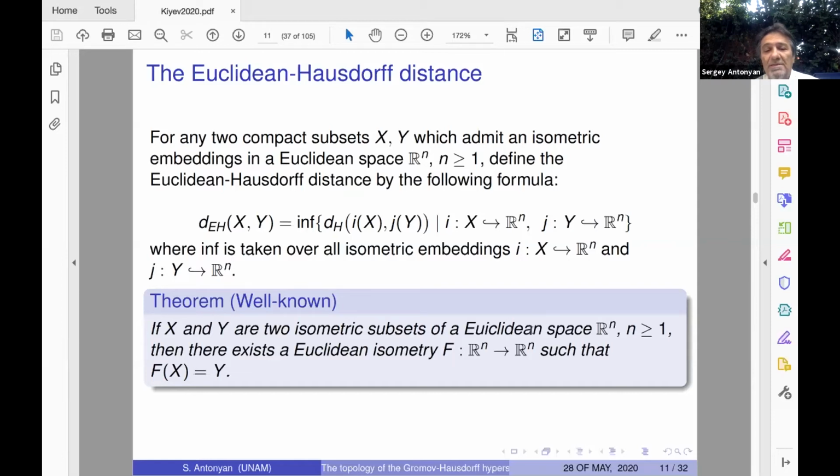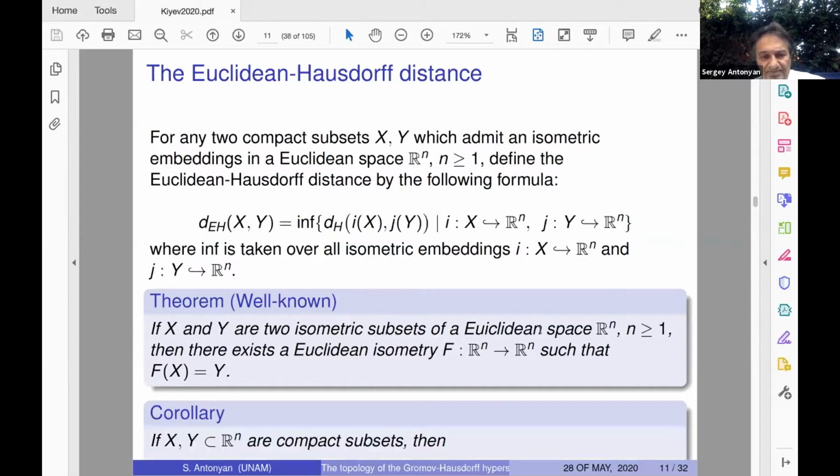In a Euclidean space, even if we have arbitrary two isometric subsets, not necessarily finite or compact, then every isometry between them can be extended to an isometry of the whole space. This is a well-known result in linear algebra too. It is not contained in every textbook.